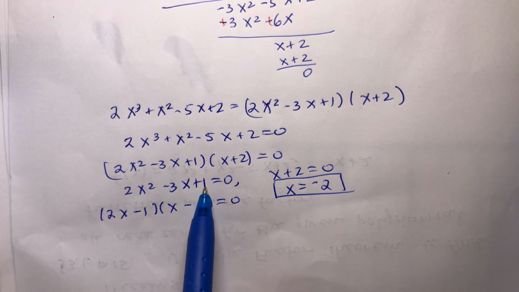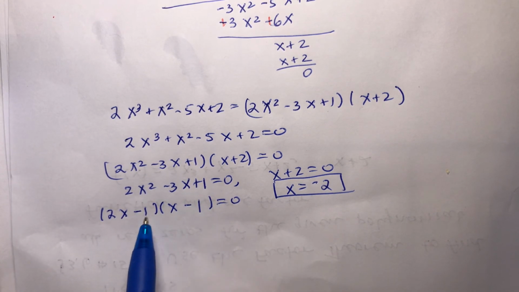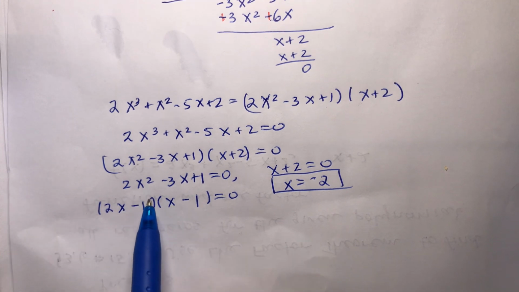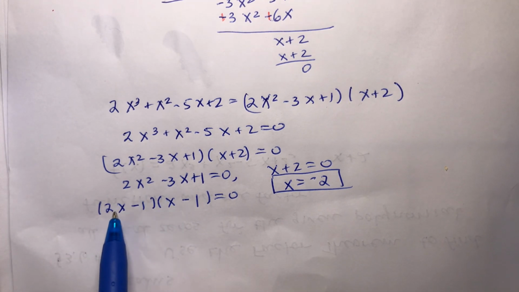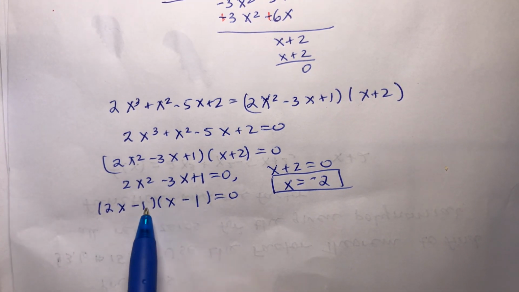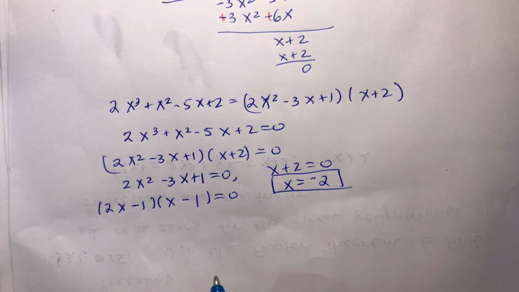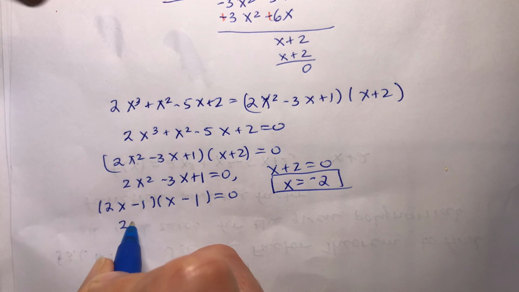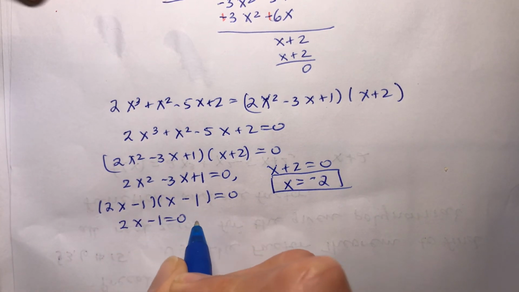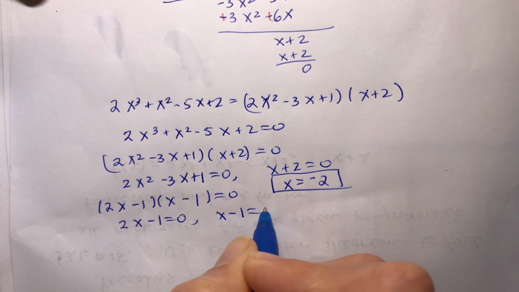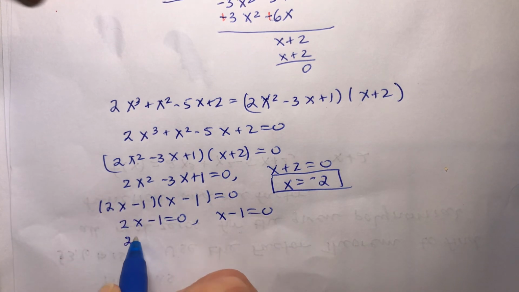Then 1 times 1 is 1, or negative 1 times negative 1 is 1. And you see that this factorization works because 2x times negative 1 is negative 2x, plus negative 1 times x is negative x, add those together and get negative 3x. So therefore we get 2x minus 1 equals 0, and x minus 1 equals 0. Solving here, 2x equals 1, x equals 1/2.